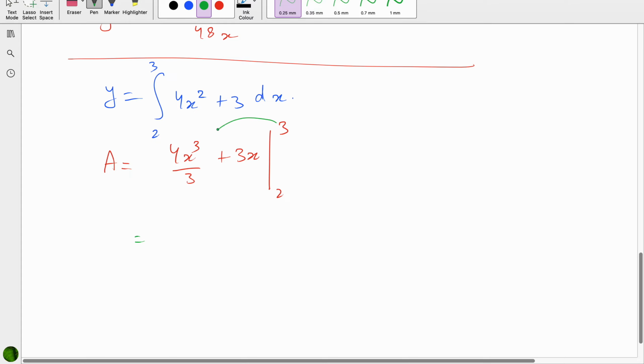That is, 2 cube is 8, 4 into 8 by 3 is 32 by 3, plus 6. 36 and 9 is 45, and 50 by 3. 45 minus 50 divided by 3 is 85 by 3. As we just discussed, it gives the area, so the unit is square units. Okay, so moving on with definite integrals.